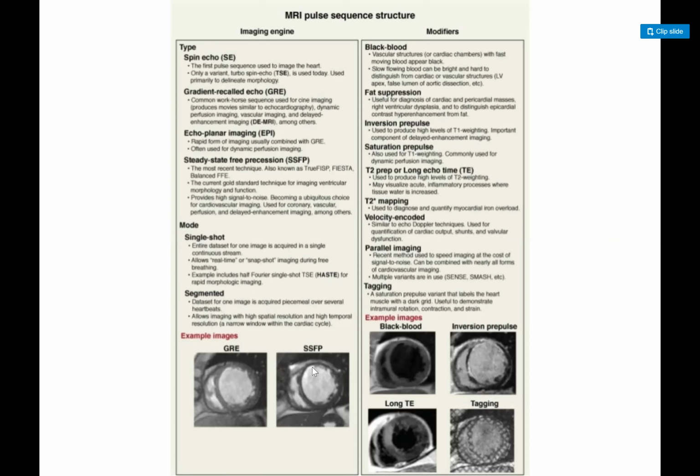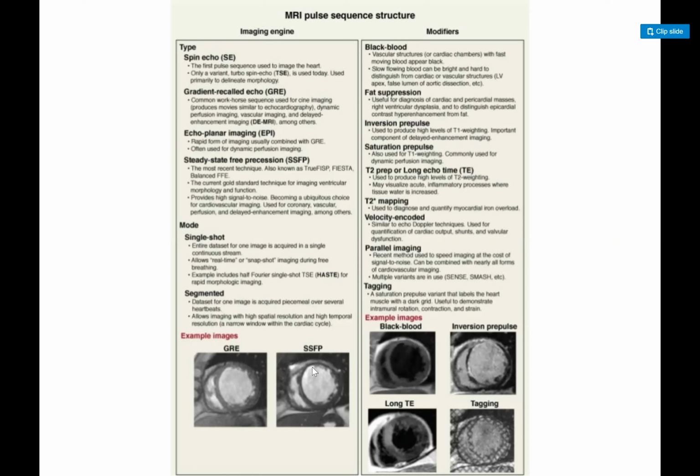While in patients who have arrhythmia, you want to do segmented imaging, because what happens in this is that it acquires piecemeal data over several heartbeats. So every heartbeat, it will take some amount of data, and the image will get clearer and clearer with every beat. And that's how the image is obtained on this.